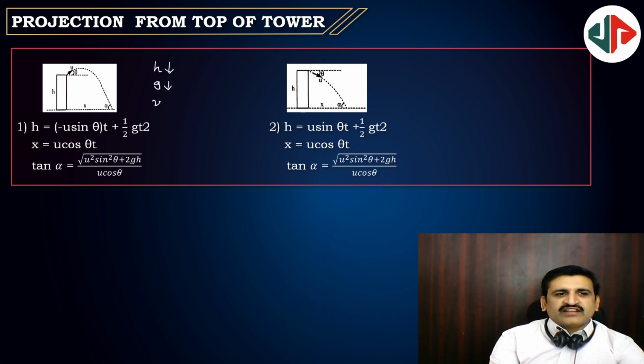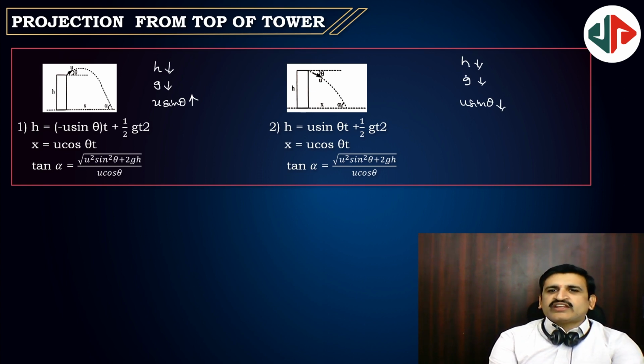Then the initial velocity u sin theta is vertically upwards in this case. H downwards, g downwards, and u sin theta is also downwards. So whenever all are downwards, you can give the same sign to everything, plus.